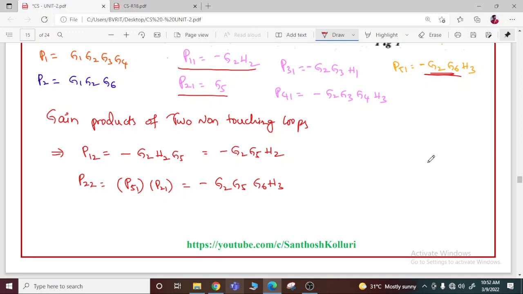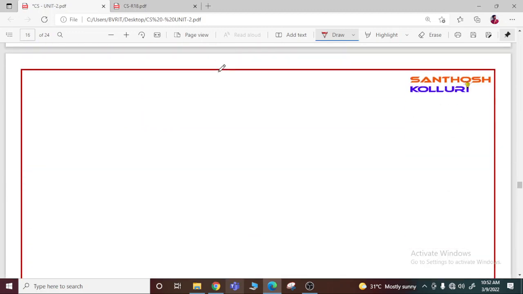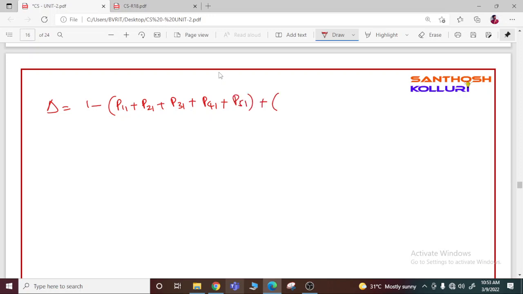So by that we can calculate the delta here. Delta is equal to 1 minus of the individual loop gains P11 plus P21 plus P31 plus P41 plus P51 plus the gain products of two non-touching loops P12 plus P22.